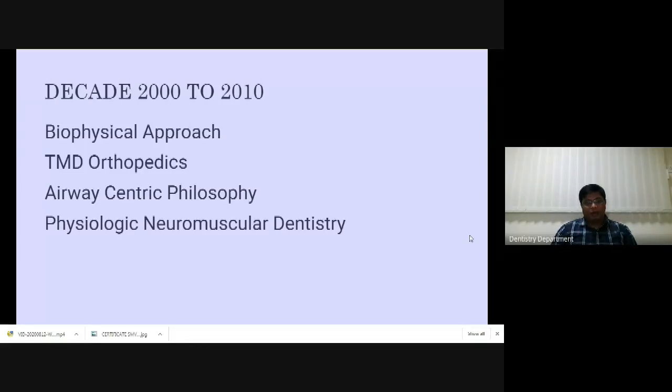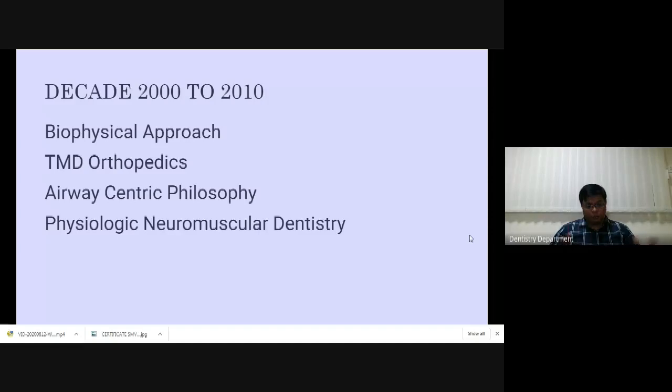I'm not going into detail, which is why I have not prepared many slides on this. They say posture is an important component: centric relation, centric occlusion, and the cervical spine and TMJ posture are very important in TMD.